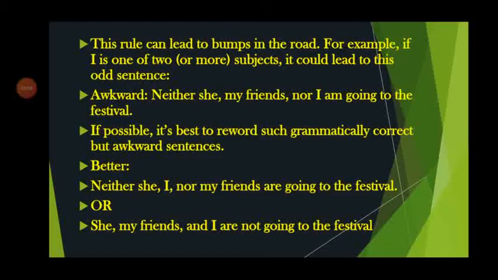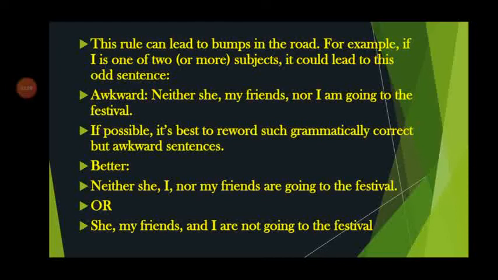This rule can lead to bumps in the road. For example, if I is one of two or more subjects, it could lead to an odd sentence. An awkward form is: Neither she, my friends, nor I am going to the festival. Why is am used there?